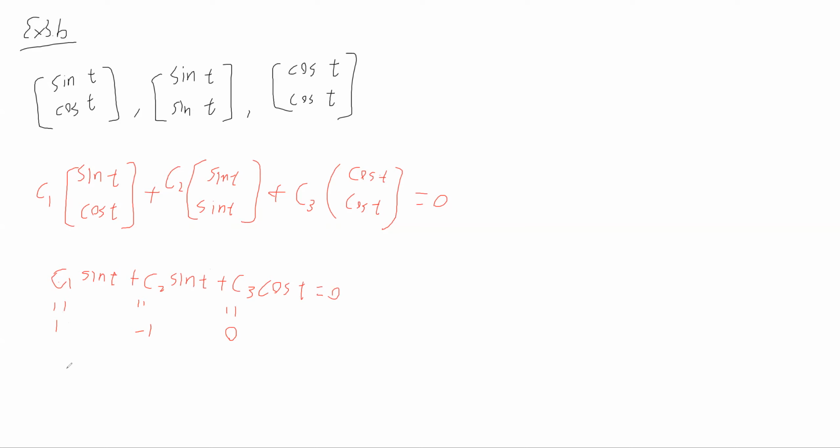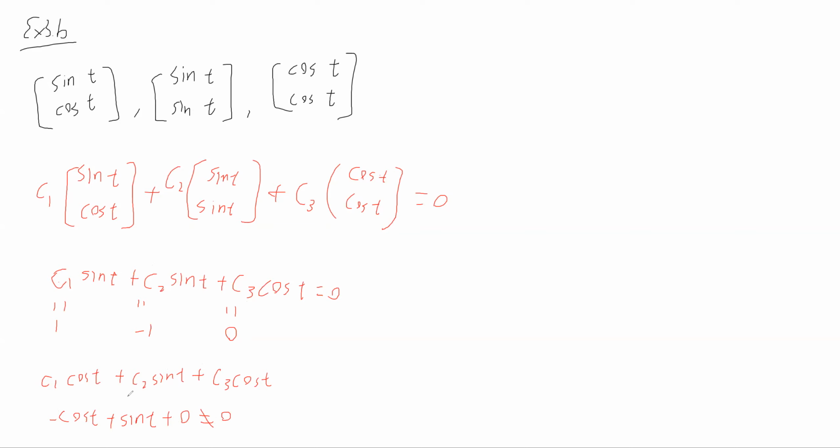The second row is C1 cosine t plus C2 sine t plus C3 cosine t. If we plug in all the same C1, C2, and C3, we get negative cosine t plus sine t plus 0, which is not equal to 0.